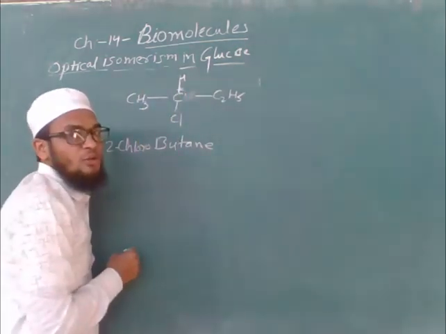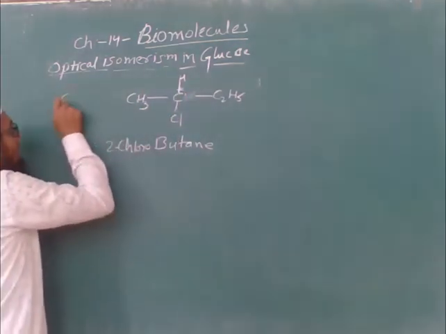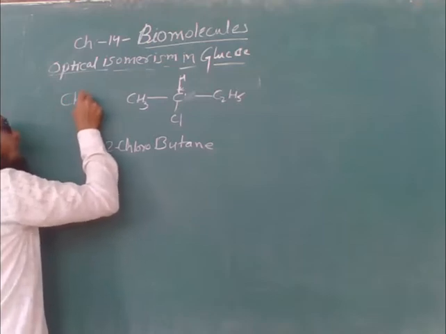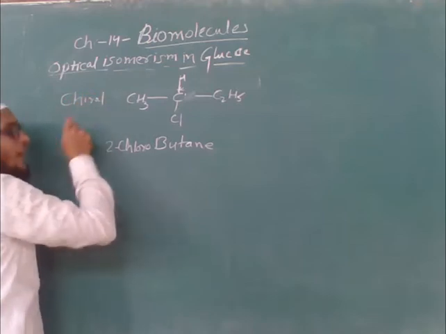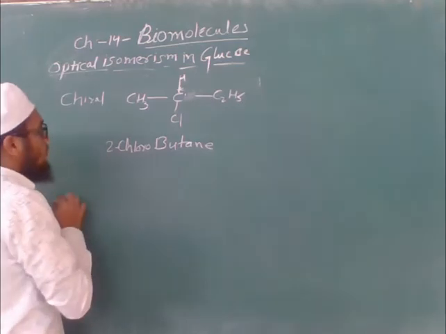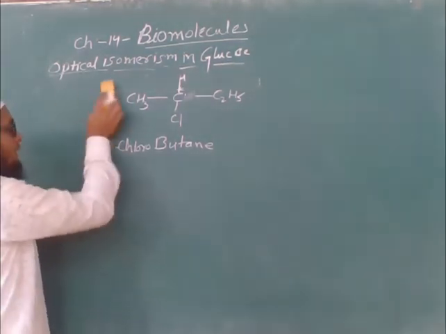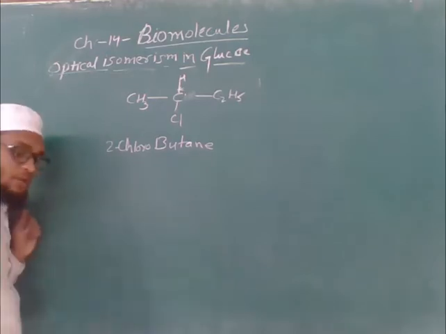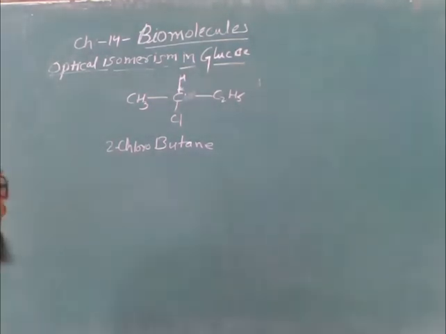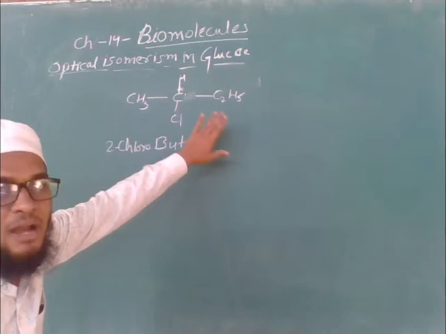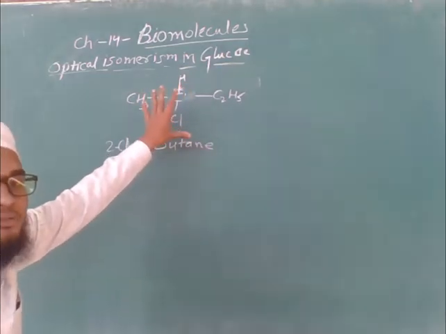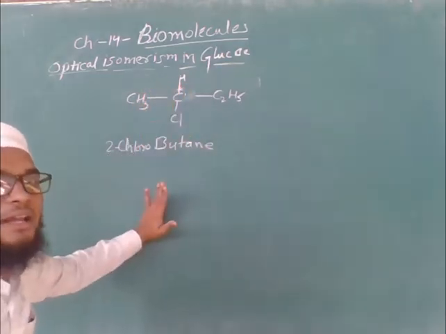This carbon will be known as a chiral carbon. If a carbon atom has 4 different atoms or groups of atoms attached to it, it is called a chiral carbon.